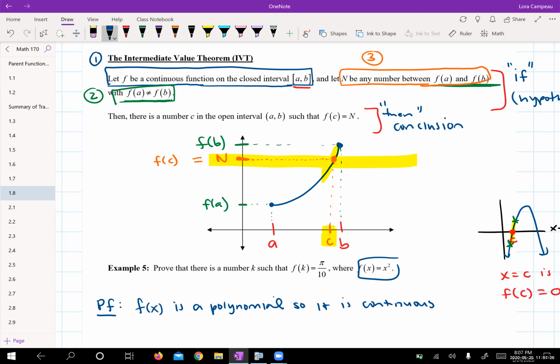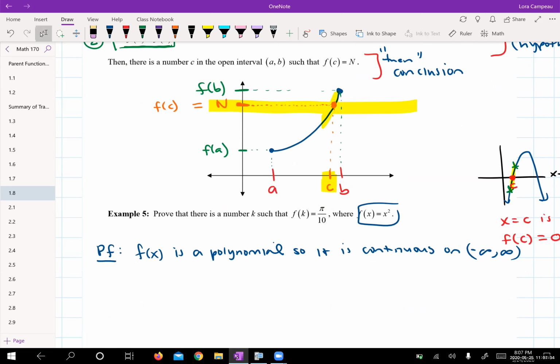When I say everywhere, I can say all real numbers, negative infinity to positive infinity. But we want to talk about a closed interval.